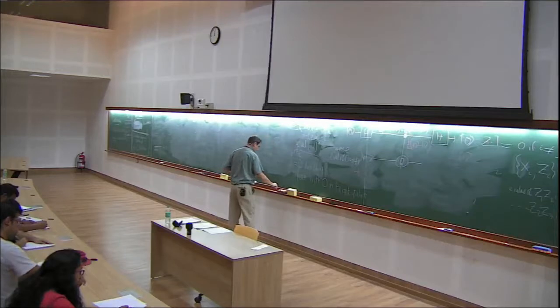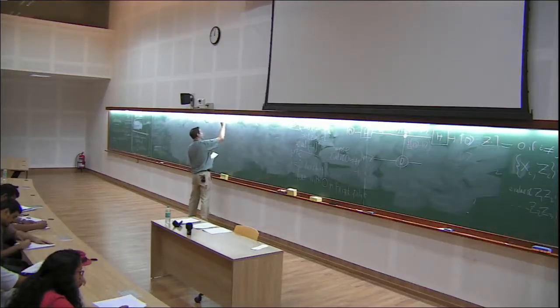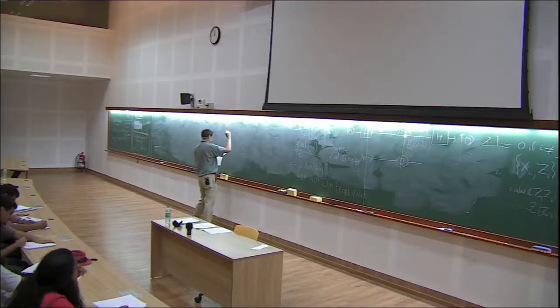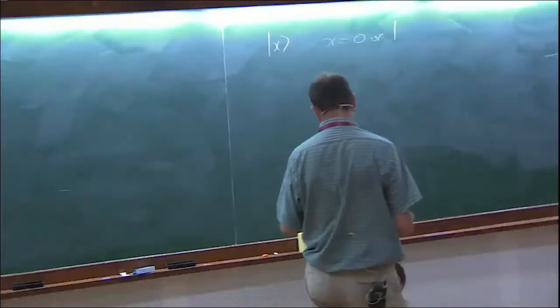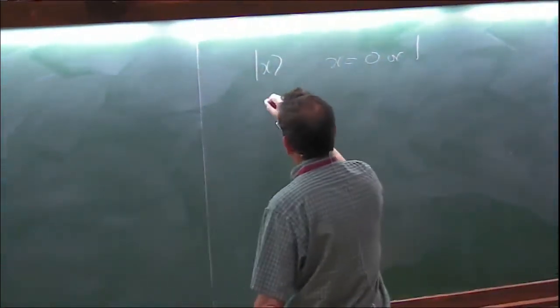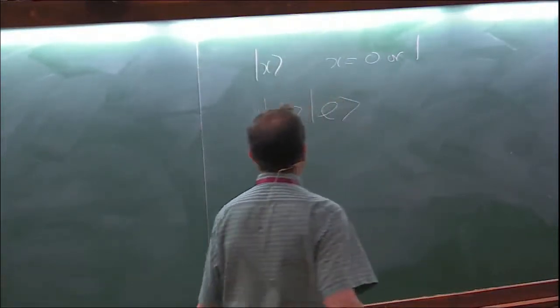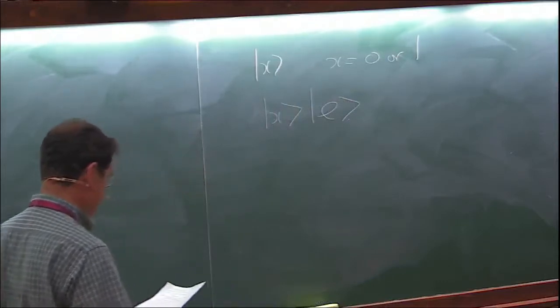So we might have a qubit X. But there's also the environment. So let me write the environment as a second state here, labeled by E.